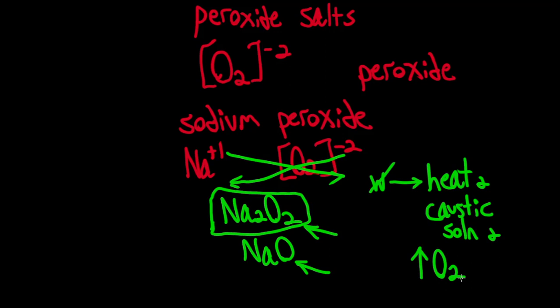Okay, so because of that release of O2, that's why I'm inclined to leave that O2 in the formula like that. And I tend to do that with all of these.